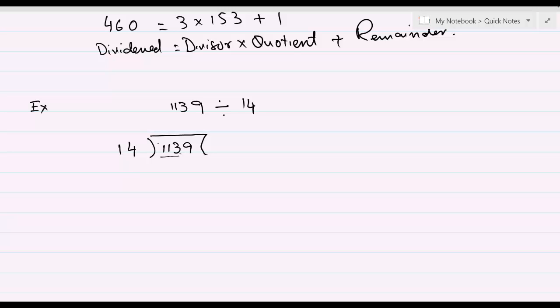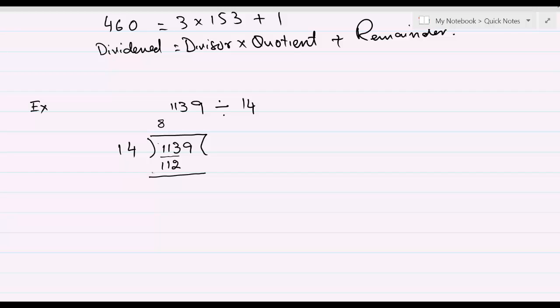The maximum we can go is 14 8 times. 14 8 times is 112. If we try to go over, that number will be more than 113, and I already said that we cannot go over 113.